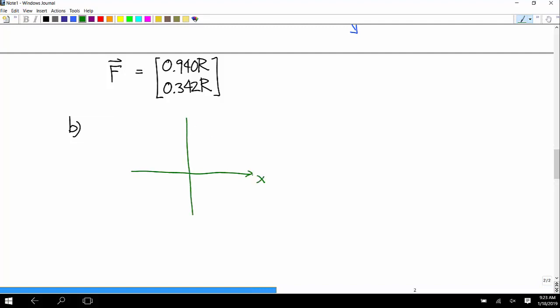Let's say that's up at the pin. And we want to find that vector where this angle is 45 degrees and the length is 4.